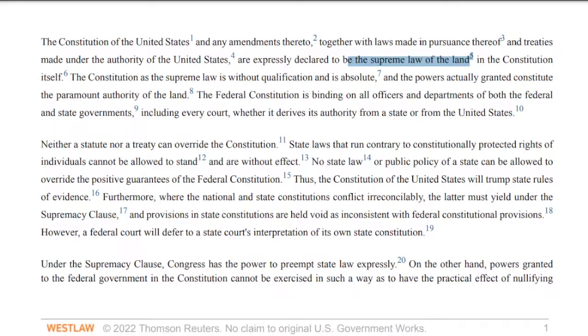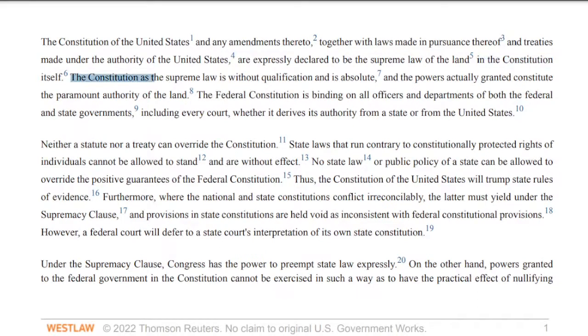So we have a constitution, amendments, laws made in pursuance thereof, and treaties made under the authority of the United States are expressly declared to be the supreme law of the land in the Constitution itself.